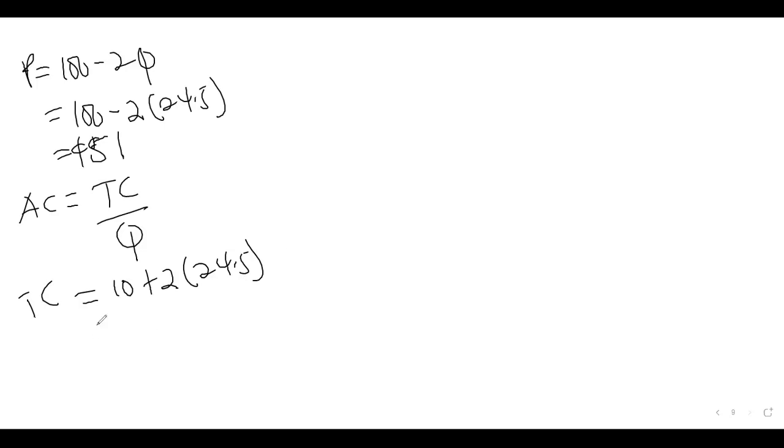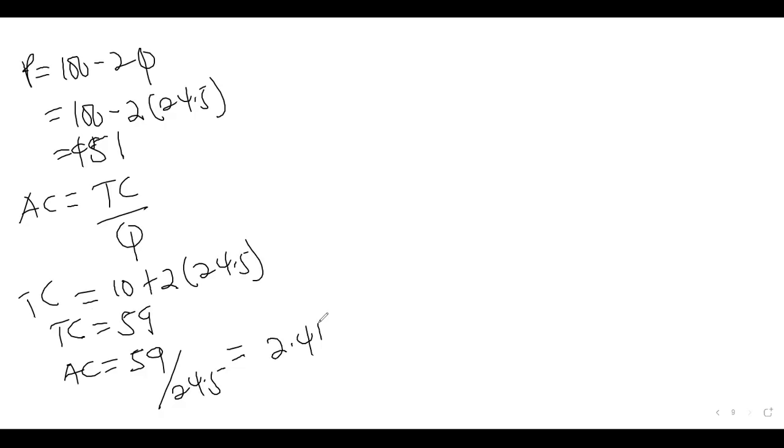We'll get 59 to be the total cost. Okay. That means that the average cost will be total cost of 59 divided by the quantity of 24.5. So the average cost is 2.41. This is the average cost.